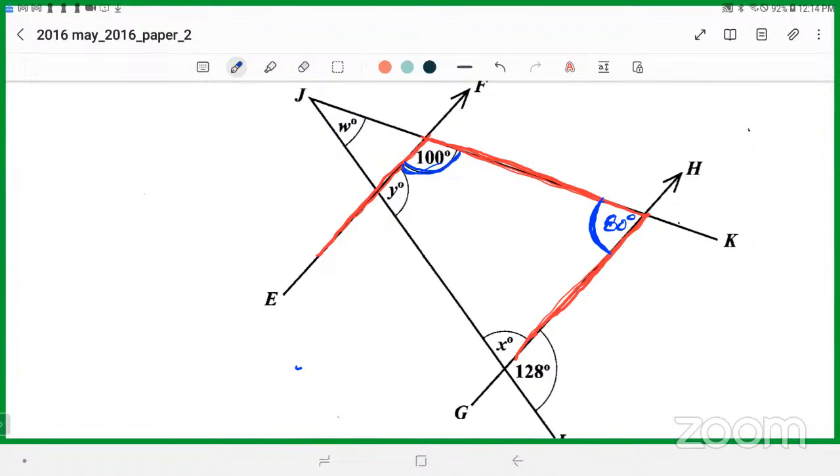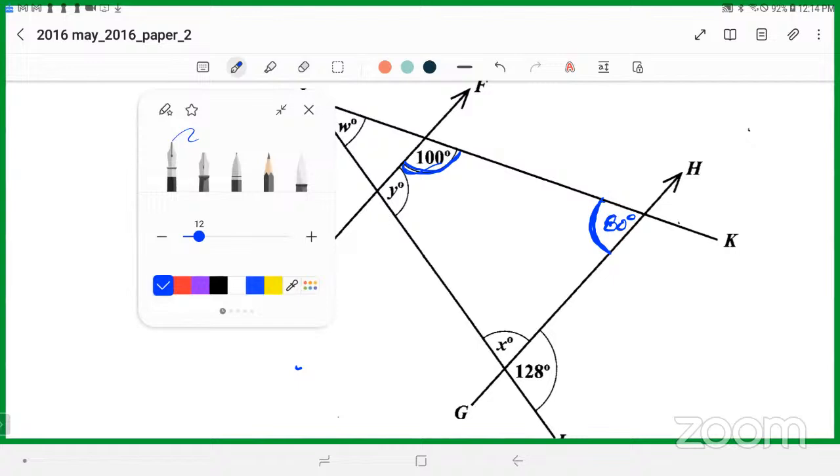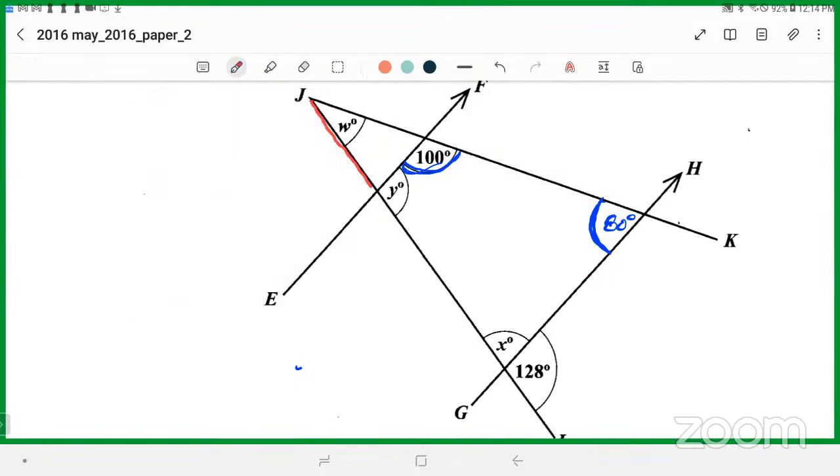Now, after having found that angle is 80 degrees, I can come and work in this big triangle, where I know two of the angles.